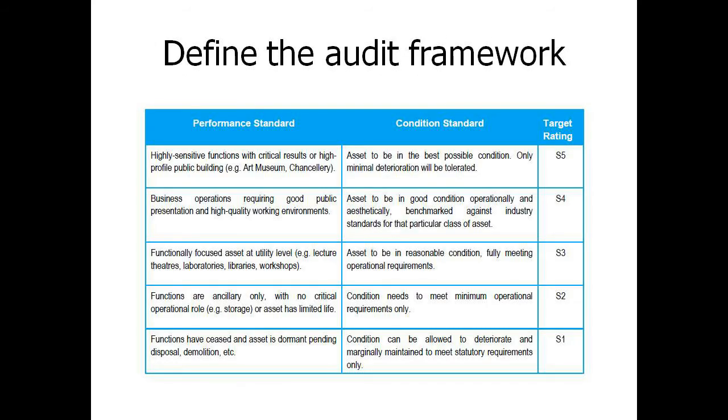Okay, we've got a good picture of the building with floor area and so forth, but we also need to identify the audit framework in regards to its performance overall. If it's one building in a portfolio, then there might be components within that building that are more strategic, more important than others. It might be the operating theatres. It could be the central foyer.